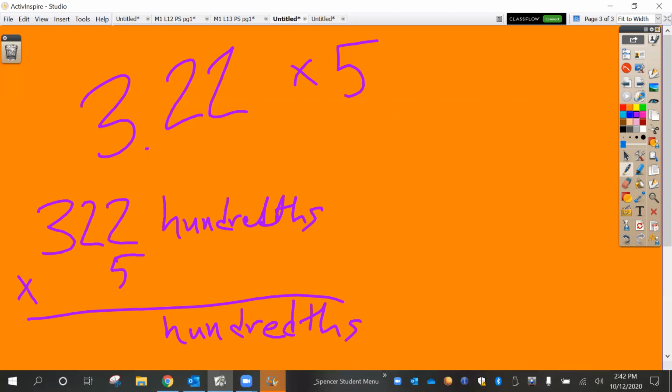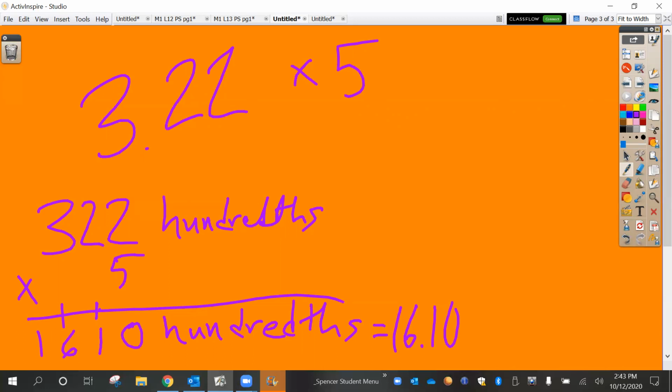Right? 5 times 2 is 10, so I'm going to have to regroup. 5 times 2 again is 10, plus the 1 is 11. 5 times 3 is 15, plus 1 more is 16. So this answer should be 1,610 hundredths. And I know hundredths have two places after the decimal, so I know my decimal is going to go right there. It's between the 6 and the 1, so it'll be 16.10.